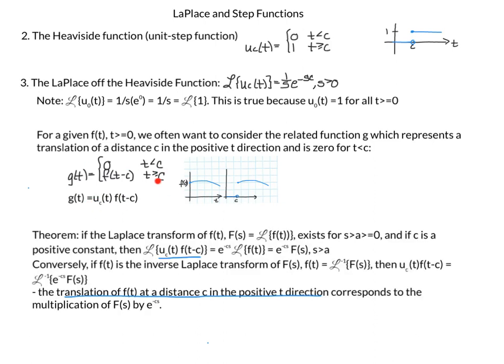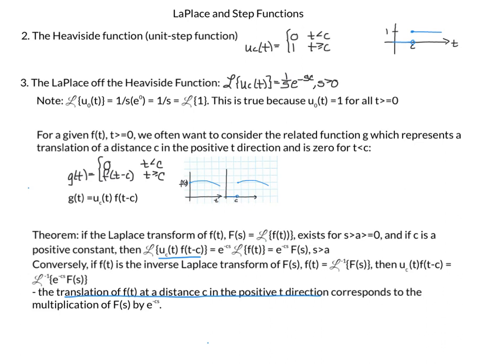And for this function, we can take the Laplace transform. So the Laplace transform of f of t, which we designate capital F of s, if it exists for s greater than a greater than 0, and if c is a positive constant, then the Laplace transform of this function here, u_c of t, f of t minus c, remember this is just the function f of t shifted to the right c units, is equal to e to the minus cs times the Laplace transform of f of t.